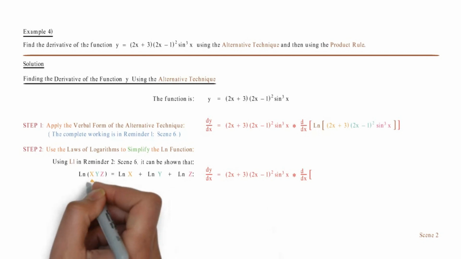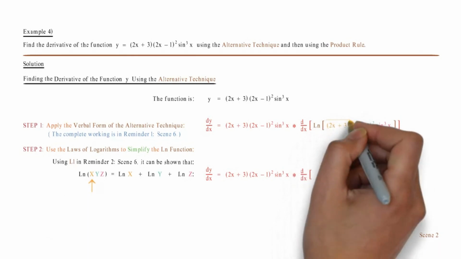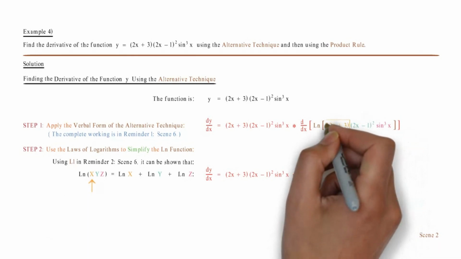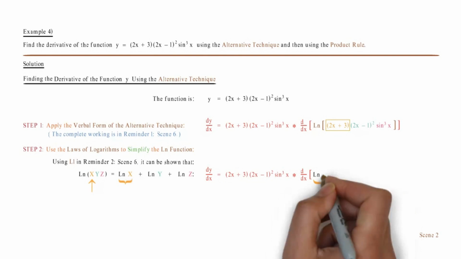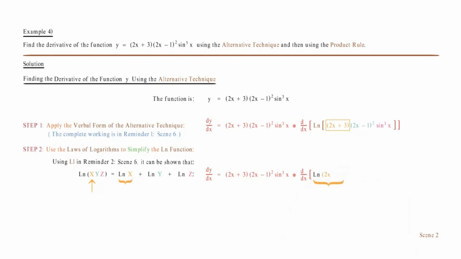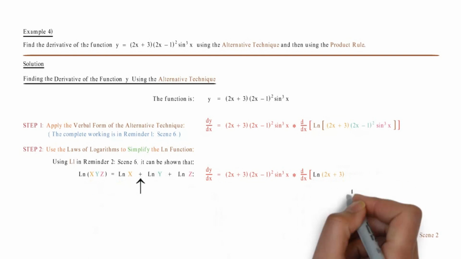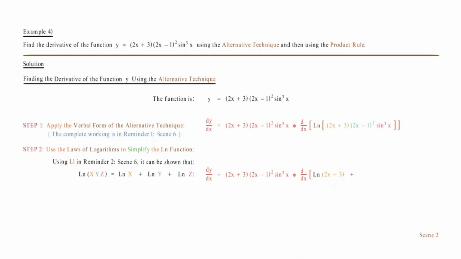Since x is 2x plus 3, ln of x is ln of 2x plus 3, plus is plus.